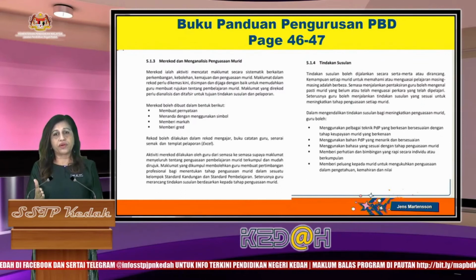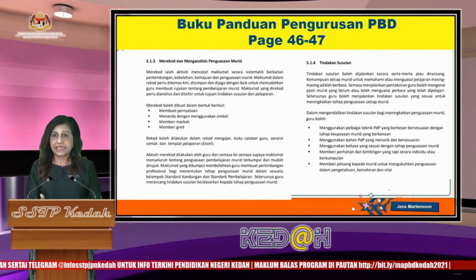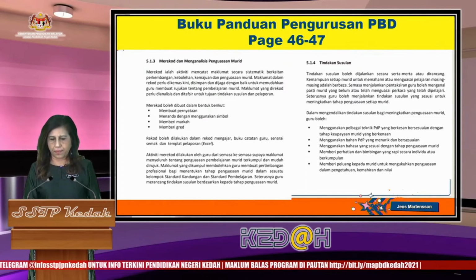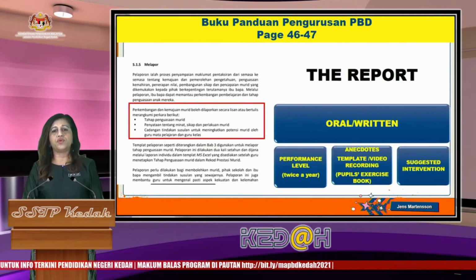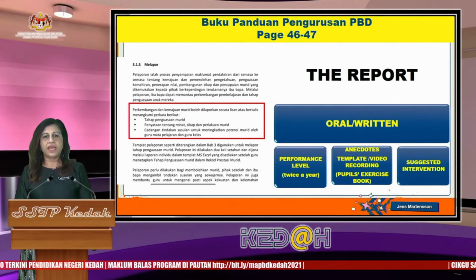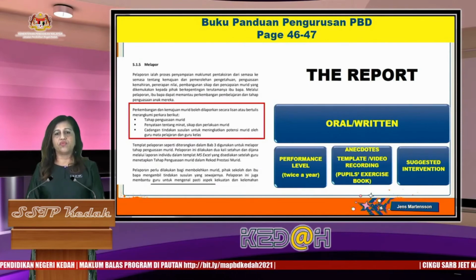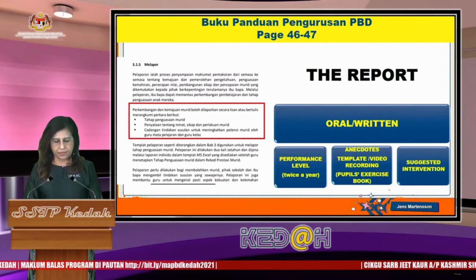So, with this progress record that we have kept as evidence, it will be easier for us. Now, you may come across this also in Buku Panduan Pengurusan PBD, page 46 to 47. And this is what you need to remember.